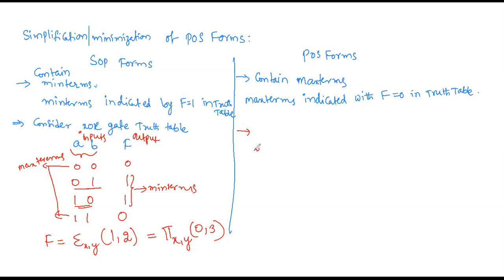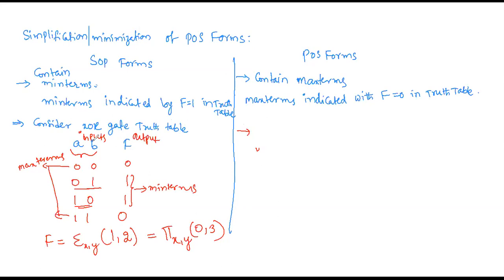Now, before going to the third point: the SOP form contains minterms indicated by f is equal to 1 in the truth table. The POS form contains maxterms indicated by f is equal to 0 in the truth table.